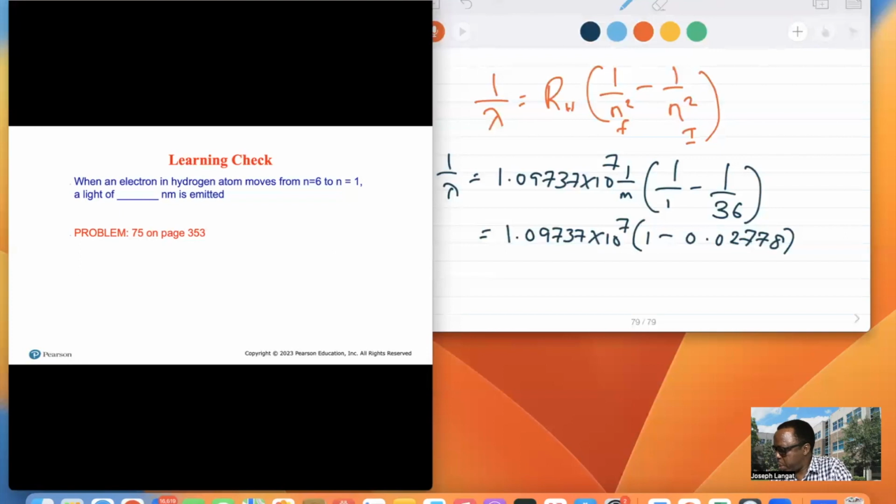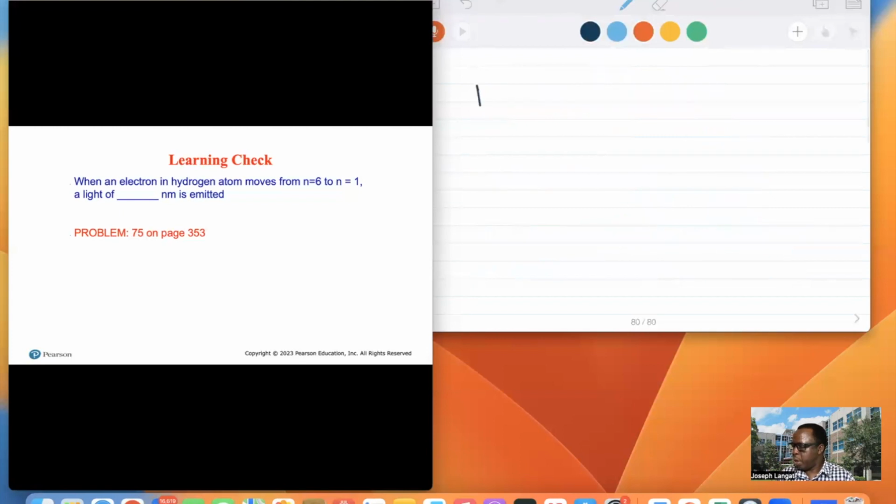Subtracting that, 1.09737 times 10 raised to 7 per meter times 0.97222.